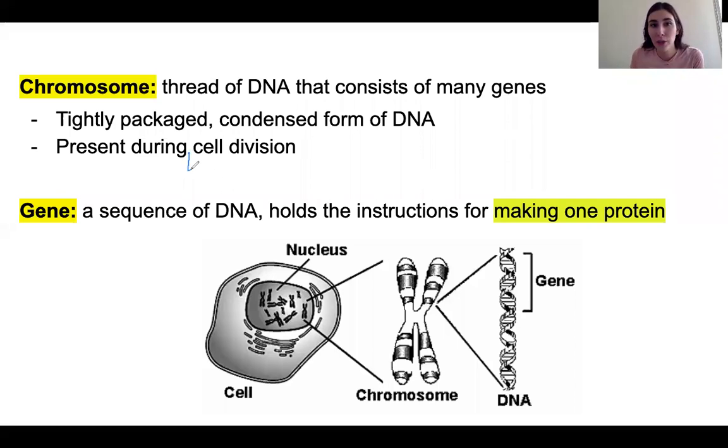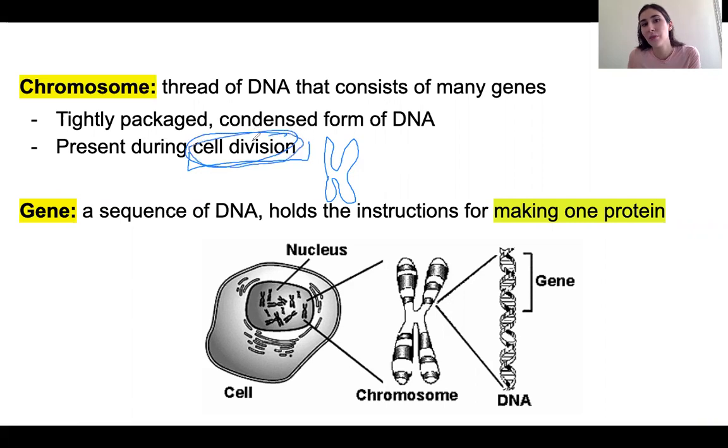So basically during mitosis and cytokinesis, we can see this thickened form of DNA. So if you were to observe a living cell through different stages of the cell cycle, you will be able to see DNA much more clearly under a microscope during cell division than during interphase.